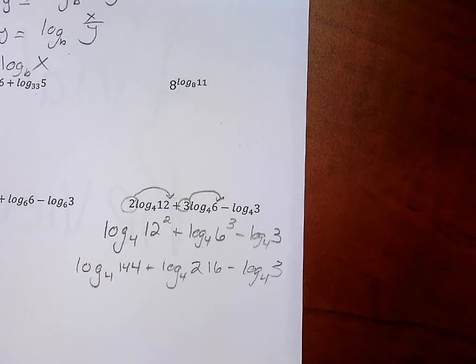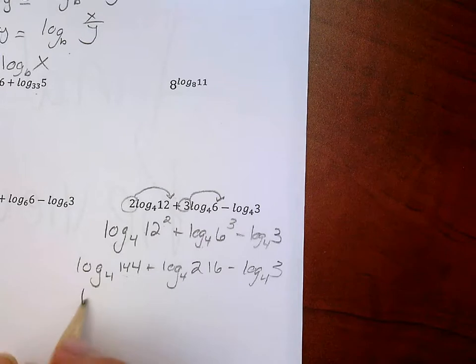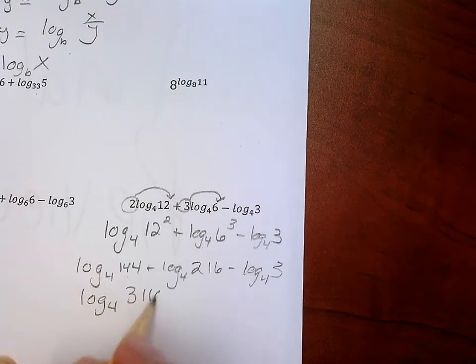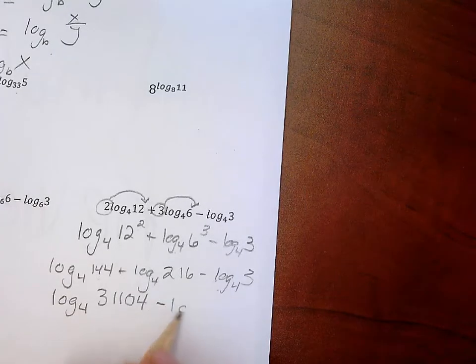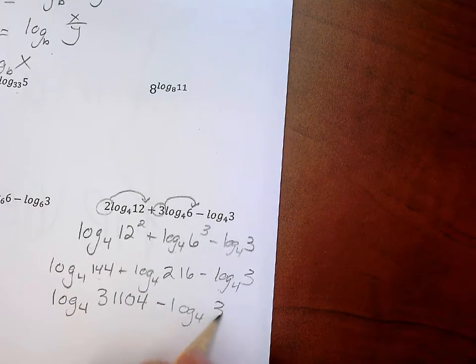Now that we've gotten those numbers in front out of the way, what we can do now is actually multiply first. So take 144 times 216, and that's going to give us log base 4 of 31104. And then this minus log base 4 of 3.